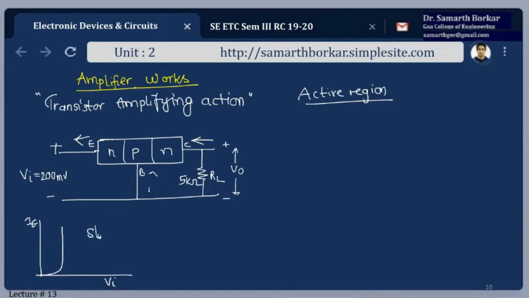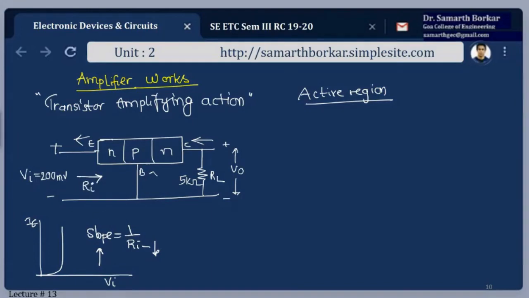From this graphical analysis, we get the value of Ri. This slope can be very large only if Ri is very low. So the input resistance of the transistor is very small, and it is denoted as Ri.